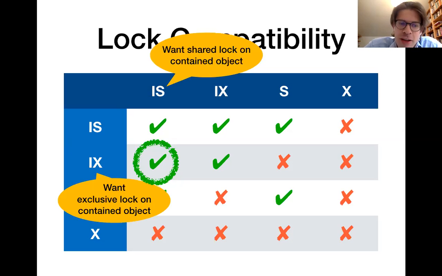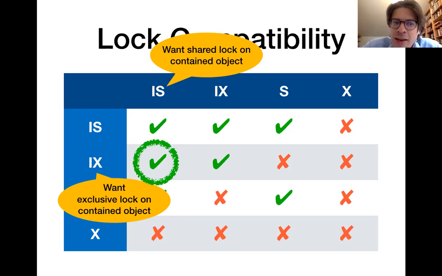An intention exclusive lock essentially means that you want to acquire an exclusive lock on some contained object. So if you get this on a table, it means you might want to get an exclusive lock on a row. On the other side, the intention shared lock means that you want to acquire a shared lock on a contained object, which could also be a row.